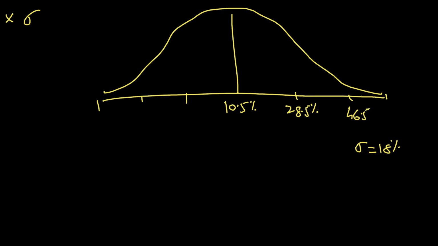Plus 18 will be 64.5. Similarly, on the left hand side, 10.5 minus 18 comes to minus 7.5 percentage.